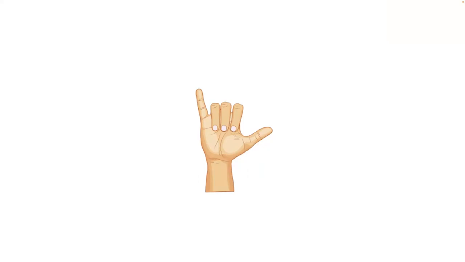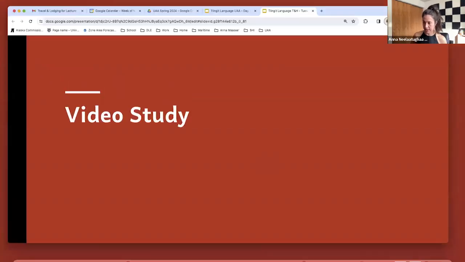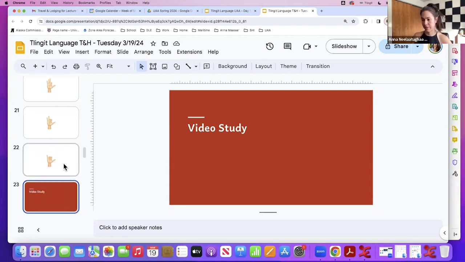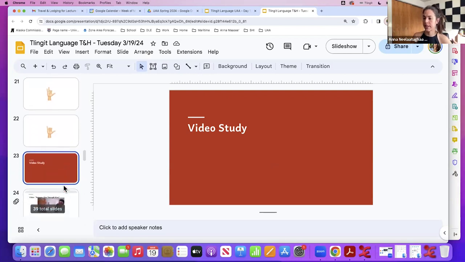Yeah, good. Awesome. So those are one through three. We read them, we repeated them, we said them from memory, we translated them to English, we translated them to Lingit, and those are one through three.